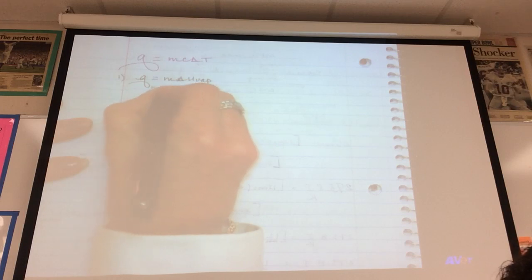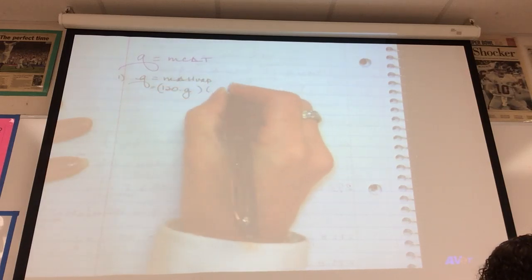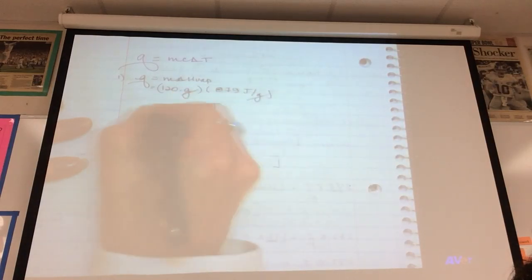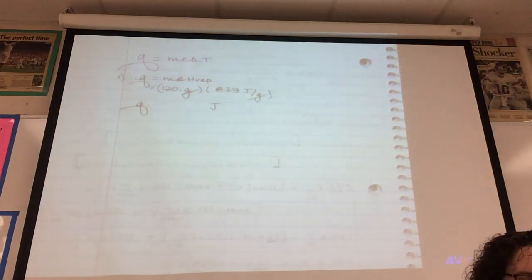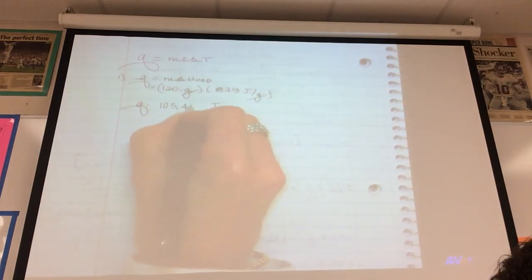We've got 120 grams times the delta H of vaporization, 879 joules per gram. Grams cancel. You're left in a unit of joules, which is a unit of energy. And you'd have 120 times 879. And at first glance, it appears to be this.